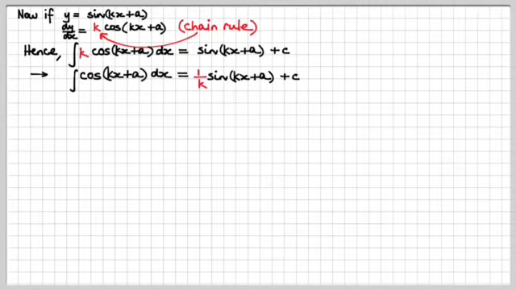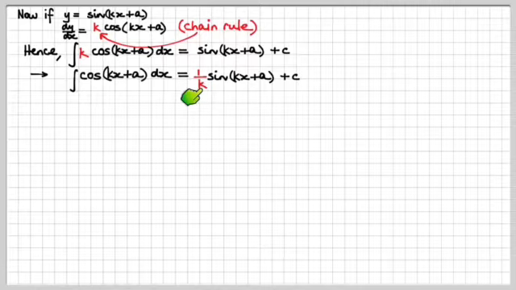But on the other hand, if we were just anti-deriving cos of kx plus a with respect to x, without the k in front, then we would have to make the antiderivative with a 1 over k as a kind of reverse chain rule thing happening.